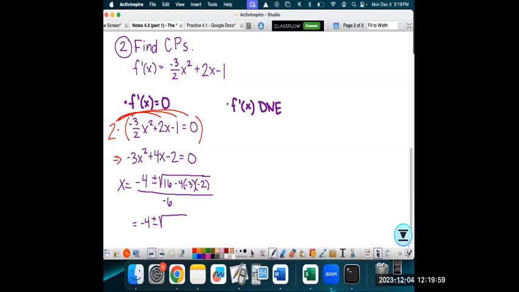On the inside, we have 16. Negative 4 times negative 3 is 12. Times negative 2 is negative 24. Ooh. Okay, do you guys see what's going on inside of that square root? I'm not going to get any real solutions from this. So that tells me that I'm not going to get any critical points from where the derivative equals 0.